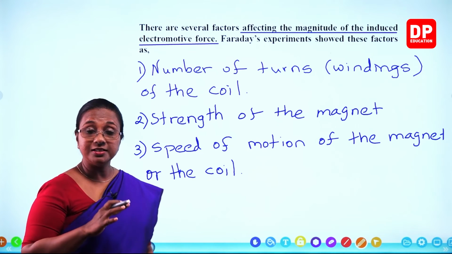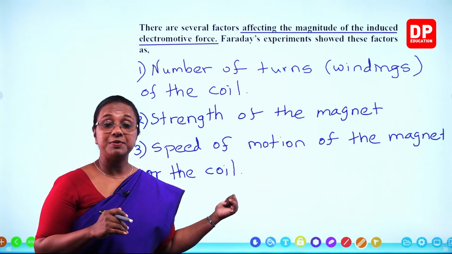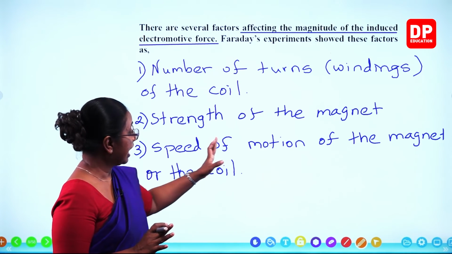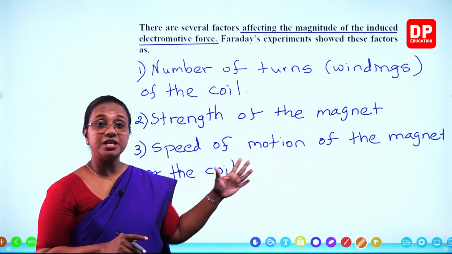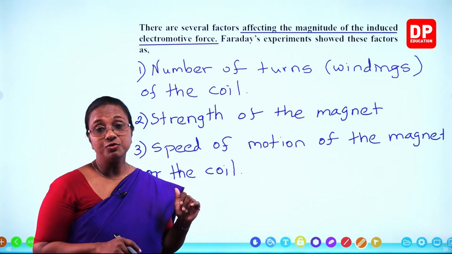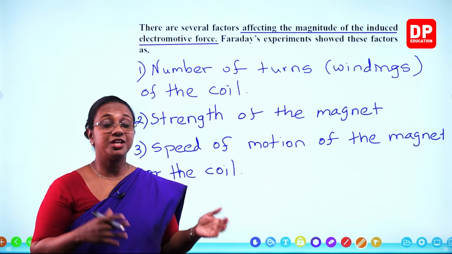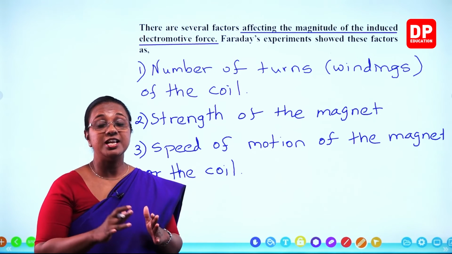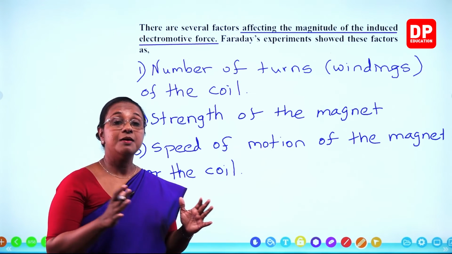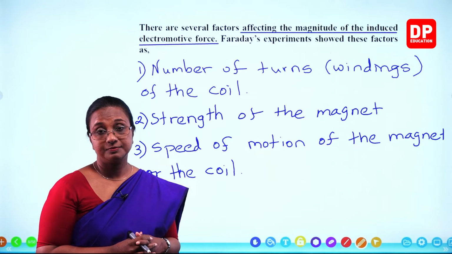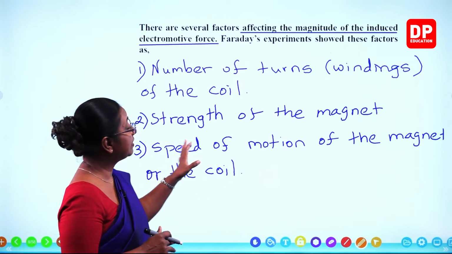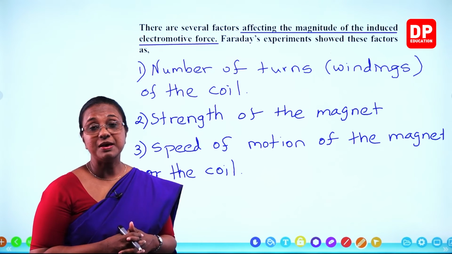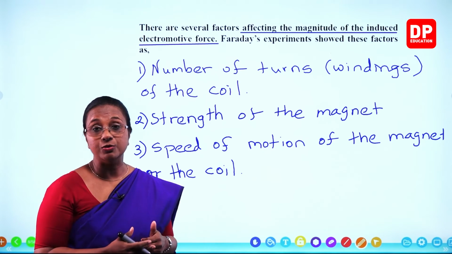So, when I started the chapter, you can remember students, in the introduction it was mentioned that either the magnet can be stationary and the conductor can move, or the conductor can be stationary and the magnet can move. Either way, there should be a relative change in the distance between the magnet and the conductor. Then there will be induced electromotive force, induced EMF, that will give rise to induced current.